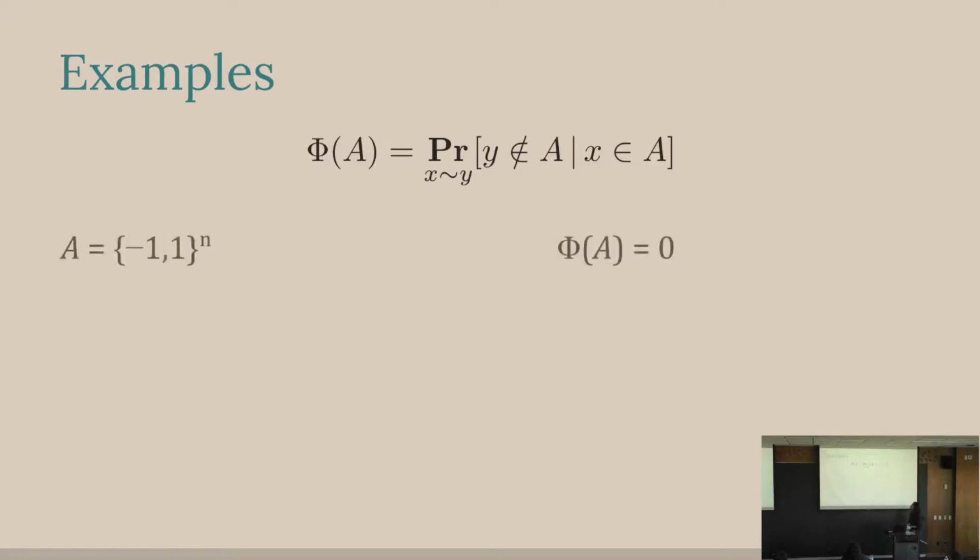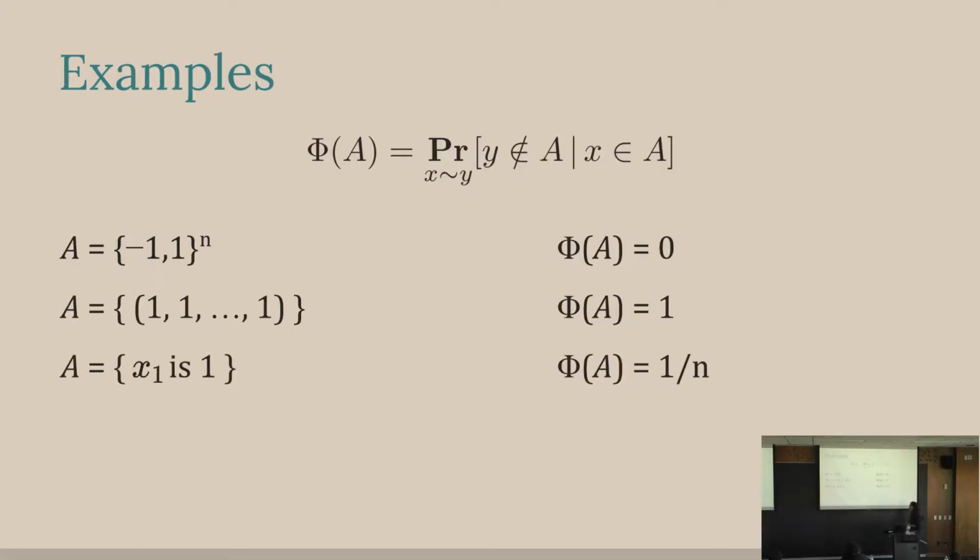So I'll just go through some examples of what this conductance looks like for various sets. If we consider A to be everything, then the conductance is 0 because it can't ever end up outside. If you consider A to be just one point, then you always end up outside, so the conductance is 1. And a more interesting set might be if A is the indicator set of one variable. So if A is the set of strings where the first coordinate is 1, then you have exactly 1/n chance of ending up outside, because that's the chance that you will randomly flip that bit that A is the indicator of.